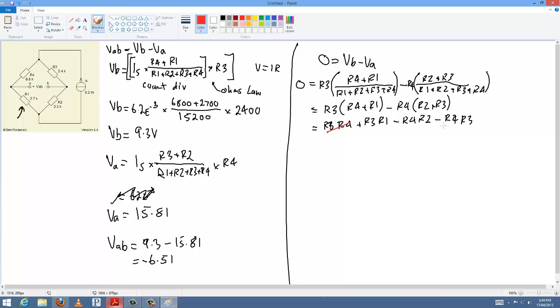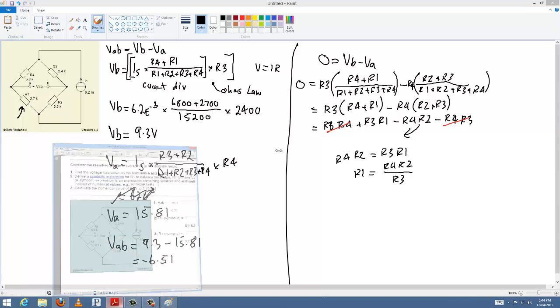Now this and this cancel, and if you take this onto the other side, you end up with R4R2 equals R3R1. Solving for R1, divide both sides by R3, we get R4R2 on R3.